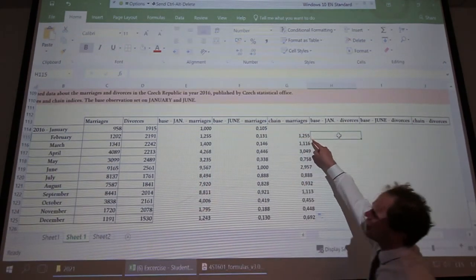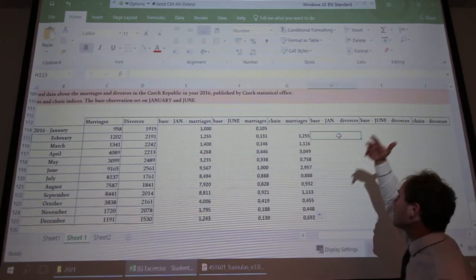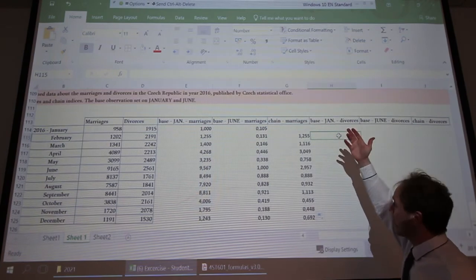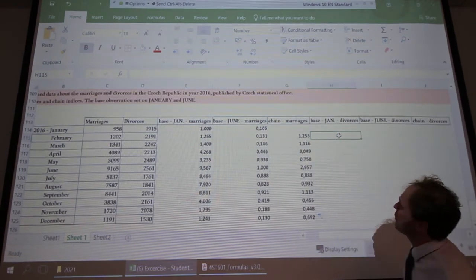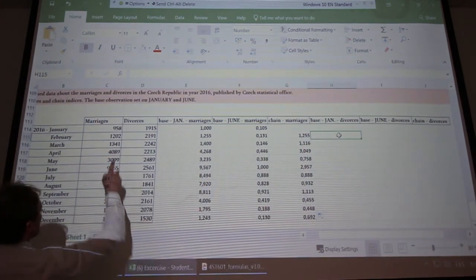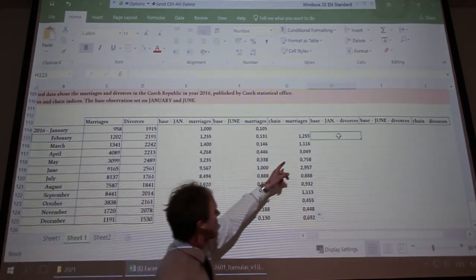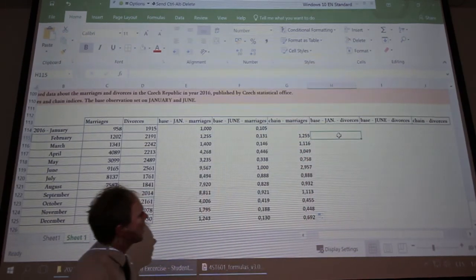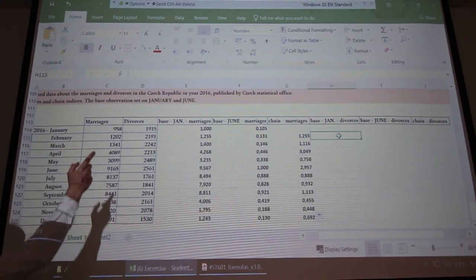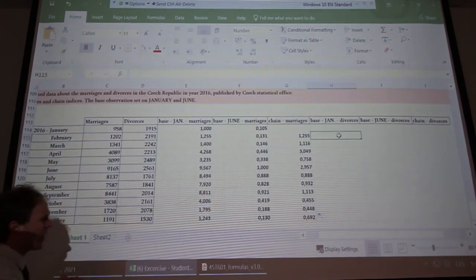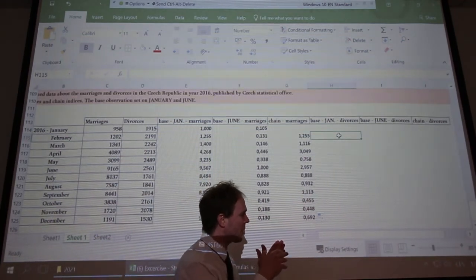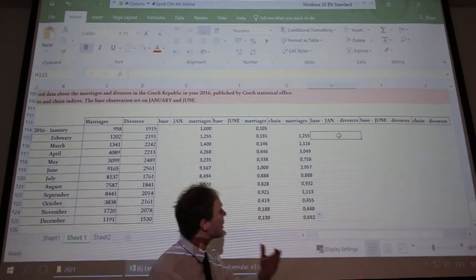In February, the number of marriages increased in comparison with January by 25.5%. In March, the number of marriages increased by 11.6% in comparison with February, etc., etc. So the result is increase or decrease in comparison with the previous months.